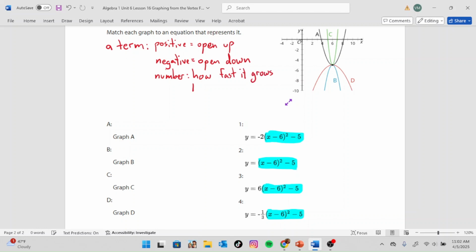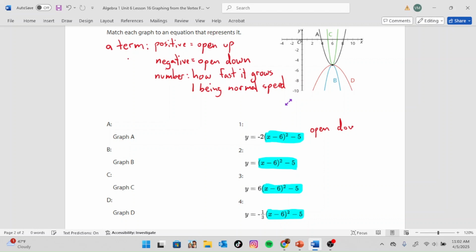With 1 being normal. So, as we look through our answer choices, we can see that number 1 and number 4 are both opening down.